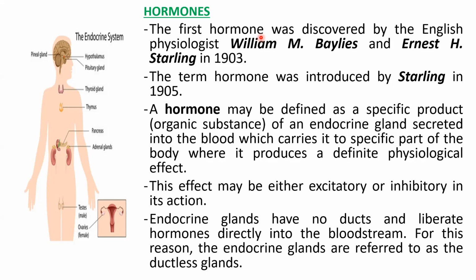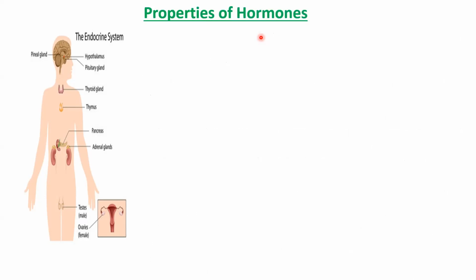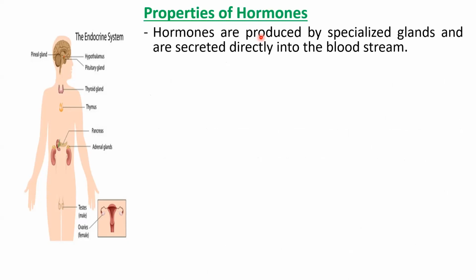These endocrine glands don't have ducts, as compared to the exocrine glands, which have ducts. The product in the form of hormones is directly released into the bloodstream.